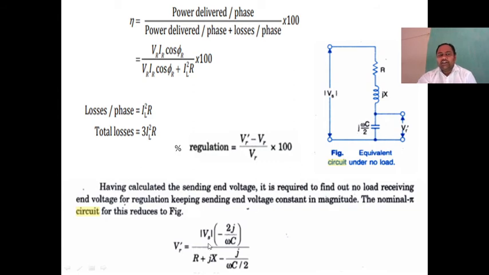We definitely get Vs times minus 2j by omega C divided by the total impedance. What is the total impedance? R plus jX minus j by omega C by 2. This is the VR dash value. By applying the voltage division rule, we get VR dash very easily.